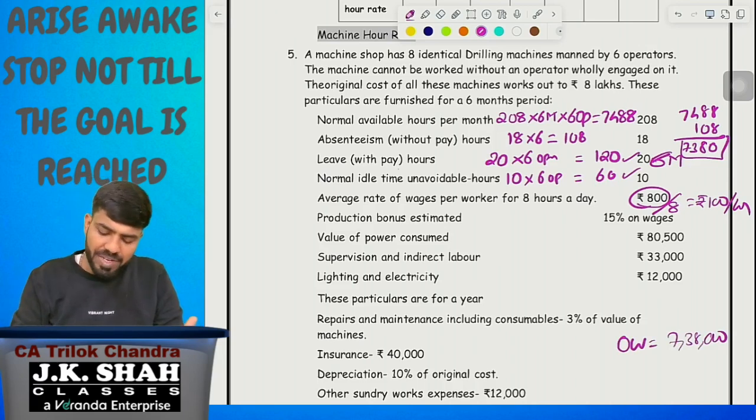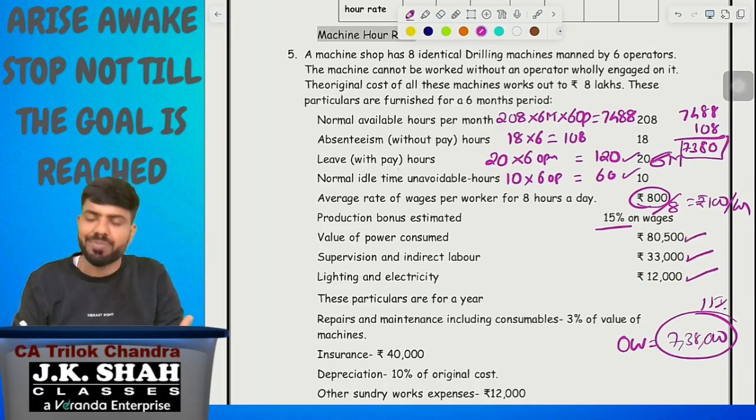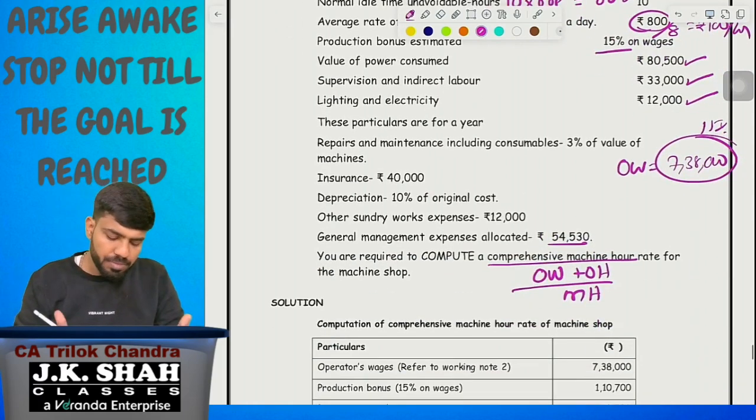Plus bonus 15%. On this we'll take the 15%. This 80,500 is for 6 months, 33,000 is for 6 months, 12,000 is for 6 months. We'll add it directly. Next, this information is per annum. We'll take 3% on the value of machines.